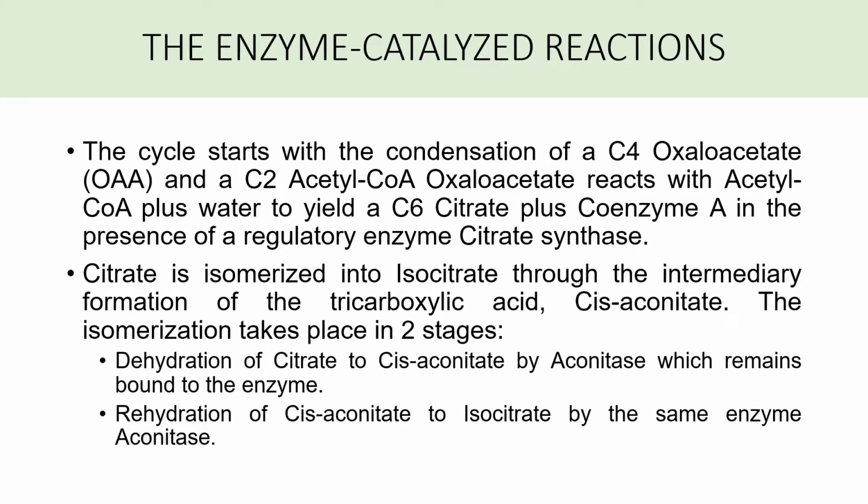The isomerization takes place in two stages: dehydration of citrate to cis-aconitate by aconitase, which remains bound to the enzyme, and rehydration of cis-aconitate to isocitrate by the same enzyme, aconitase.